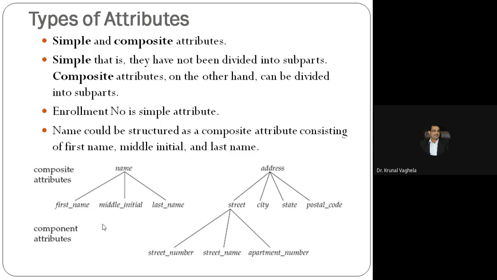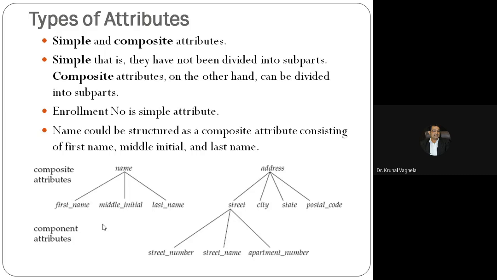Now what is simple? Simple means the attribute has not been divided into subparts. Any attribute which cannot be divided into subparts is simple. In opposition to that, a composite attribute can be divided into subparts. An example is also given: your enrollment number is simple.